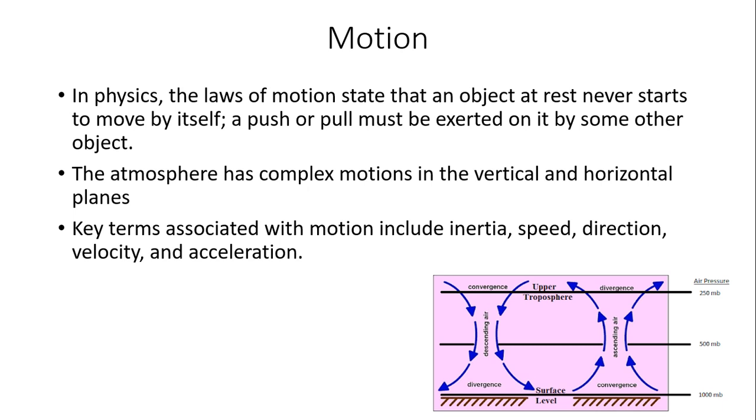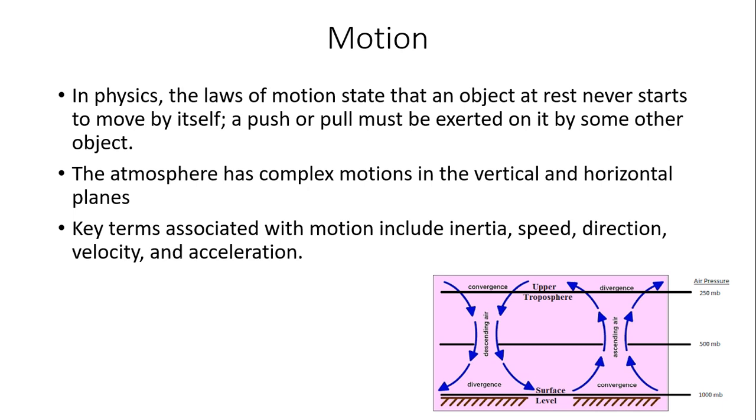And we need to think of the atmosphere as three-dimensional, from the surface to higher up, well above the ground level. And there's a lot of motions going on, whether those be up motions or rising air motion, ascending air, those blue arrows with the arrow pointing up, or downward or descending air motion, which is indicated by the blue arrows pointing down.